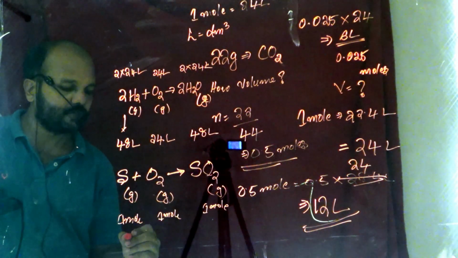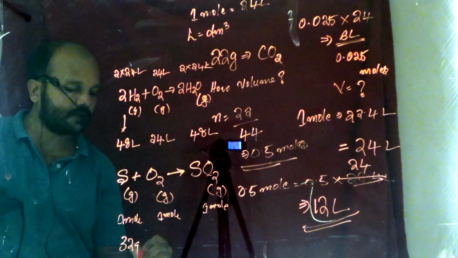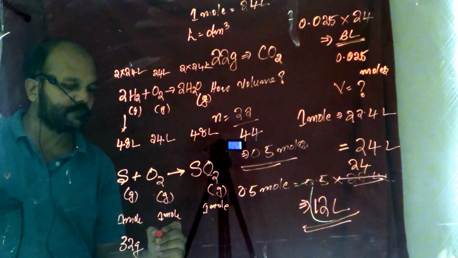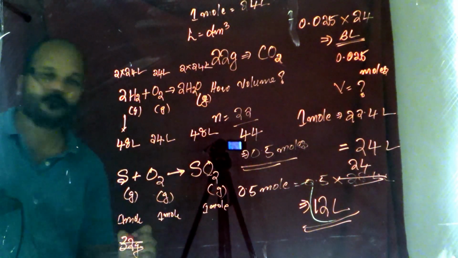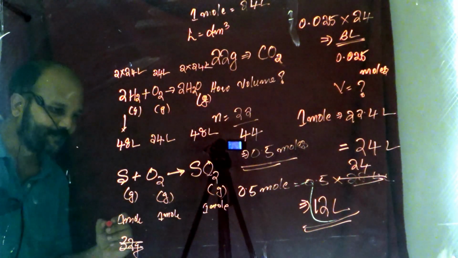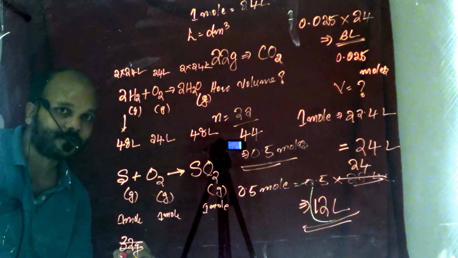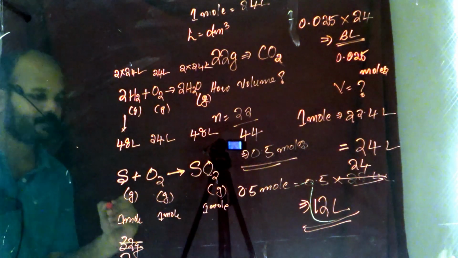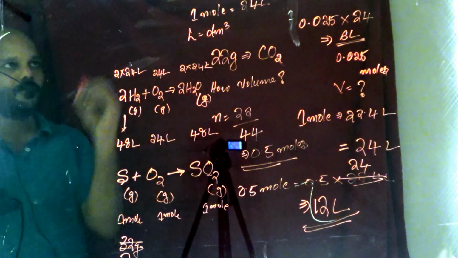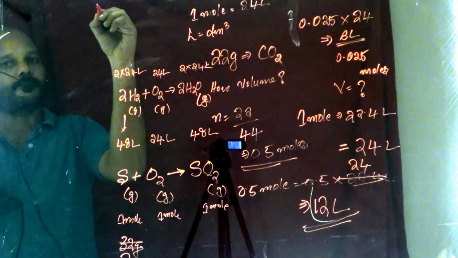So this is 32 grams of sulfur, and we have to talk more in terms of volume. So it is going to be 24 liters.